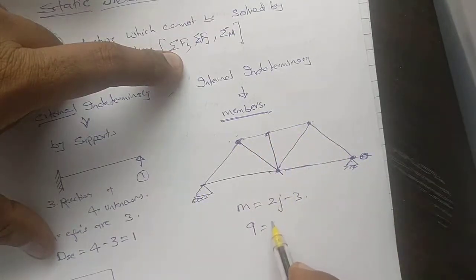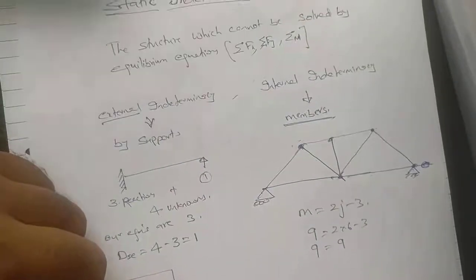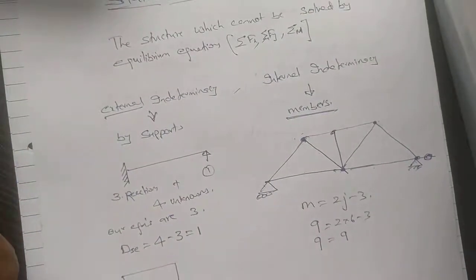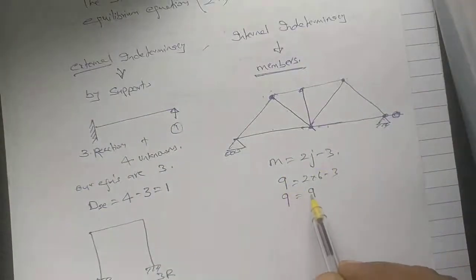6 times 2, 12 minus 3. Now m is equal to 2j minus 3, 9 is equal to 9.